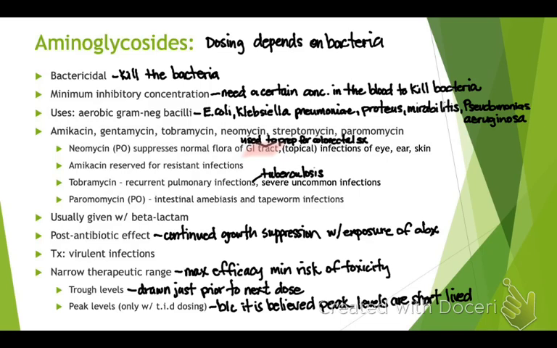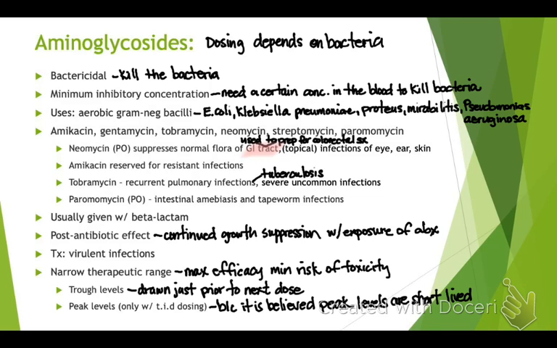This is defined as a persistent suppression of bacterial growth after a brief exposure, meaning anywhere between 1 to 2 hours, of a bacteria to an antibiotic, even in the absence of a host defense mechanism. And this is important when you're looking at your classes in order to determine their effectiveness.